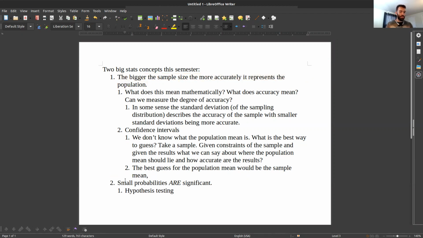So maybe we want to build in a margin of error. So around the center of our sample mean, I want to go above a little bit and below a little bit. And so that is how we build our confidence interval.